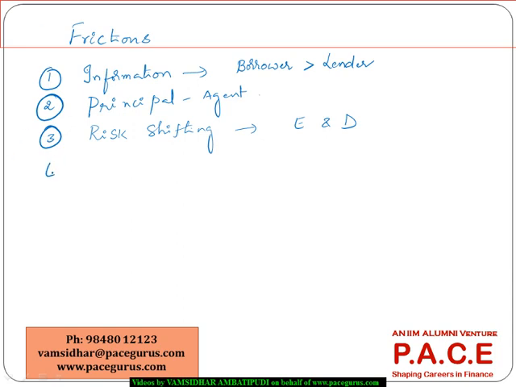Similarly, we have the problems associated with moral hazards, which is another problem more specific to the insurance industry or probably any kind of lending and borrowing scenario. For example, I have taken an insurance protection.